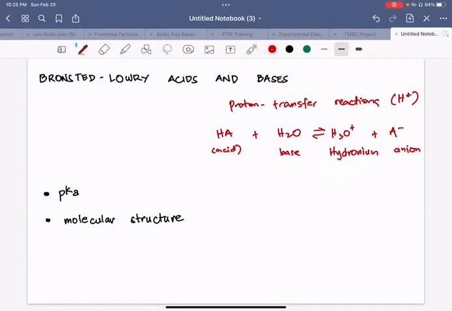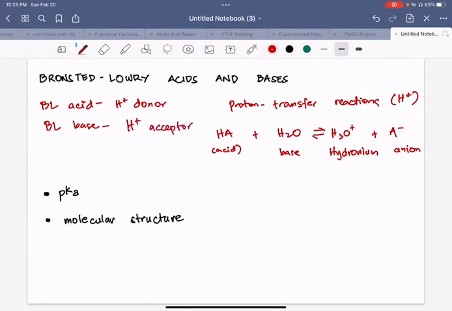Okay, so proton transfer reactions are actually seen when a Brønsted-Lowry acid and a Brønsted-Lowry base react together. So a Brønsted-Lowry acid is a species that donates a proton, a proton donor. The Brønsted-Lowry base is the opposite. It is an acceptor of a proton, so a proton acceptor.